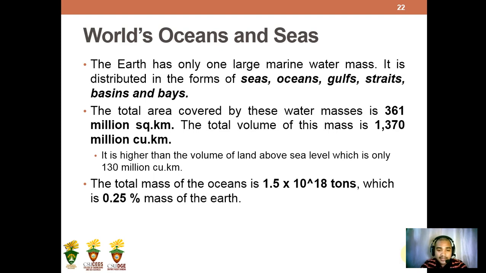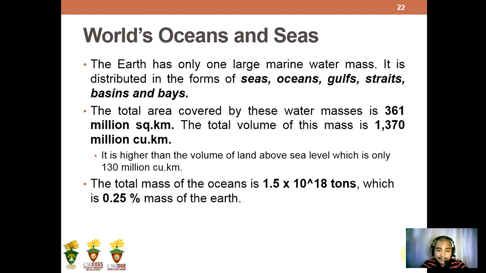It is higher than the volume of land above the sea, which is only 130 million cubic kilometers rather. So kung ato siyang buhatan og surface, na equal tanan ang sea and land, ang mulapas adtong above the sea nga land masses is only 130 million cubic kilometers.